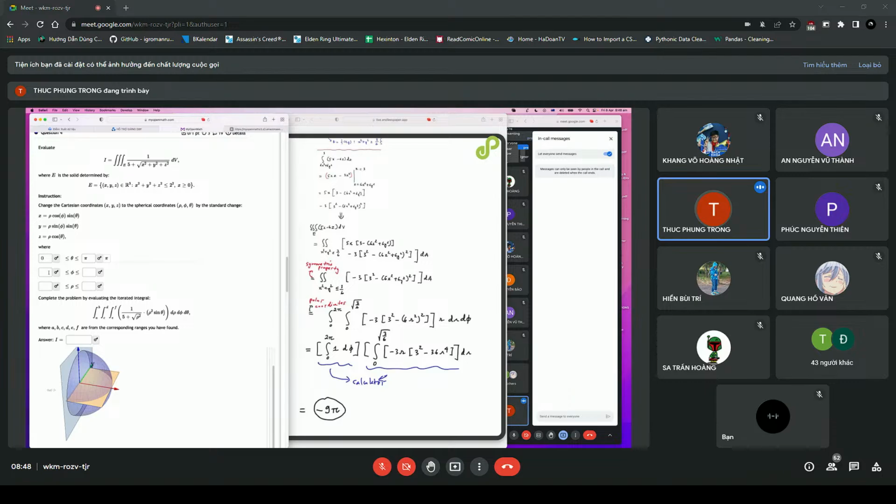So we are going to find the domain F for rho, phi, theta. And the last one, rho, should be from 0 to 2, because the radius of the sphere is 2. So the setting is done, and the last thing we do is to get the final answer for this. So let me write it also.